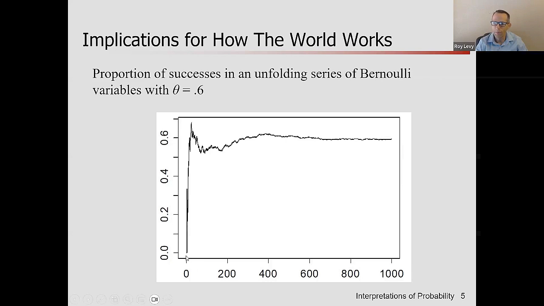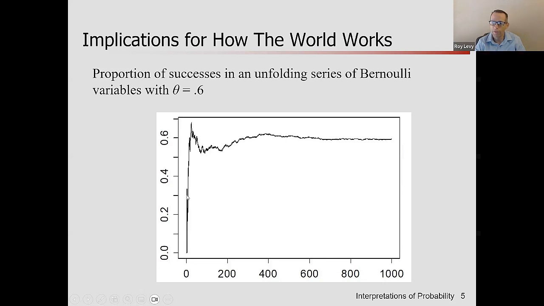Down here is a plot of the running relative frequency, or the running proportion of heads, of many flips of this coin. So the first flip of the coin here was a tails. So it was 0 out of 1. So the proportion was 0.